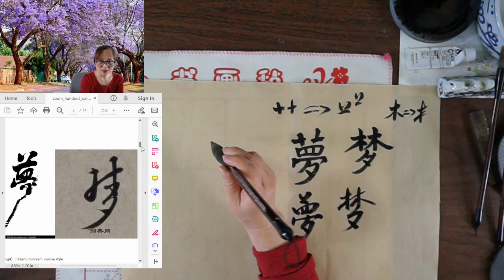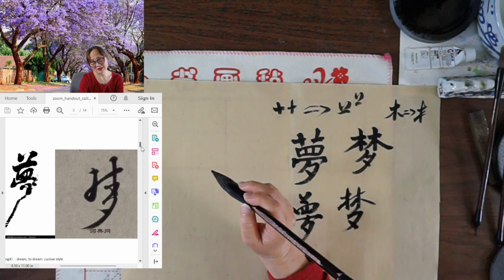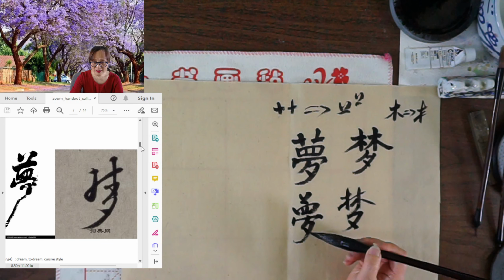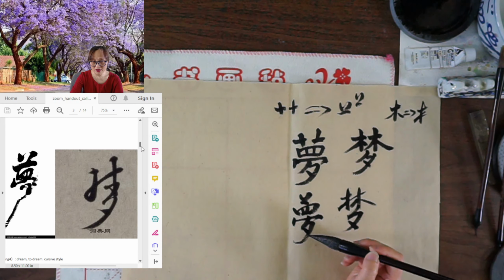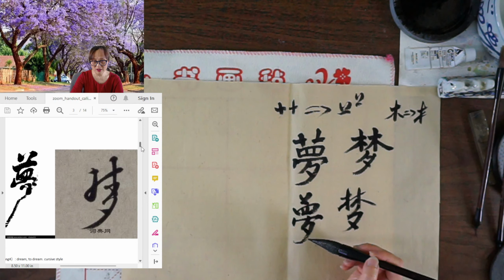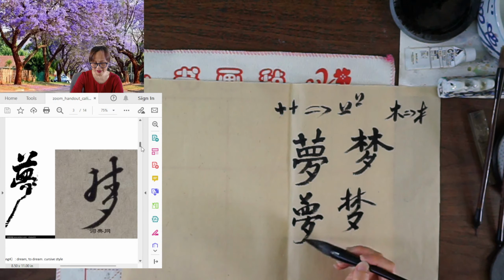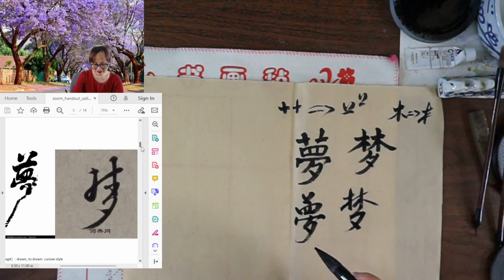Two dots, right? You can analyze it, but look at the sample. Yeah, the lower part, the bottom part, is very much like cursive, or grass, right? And the slant goes very long but powerful.